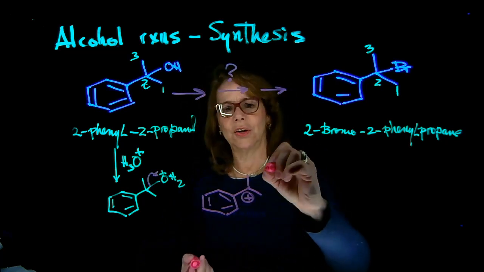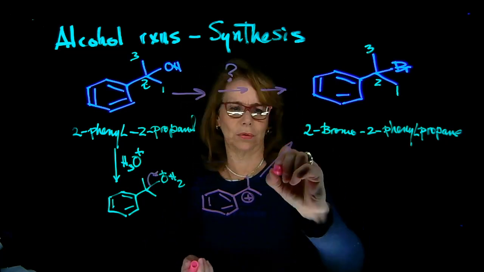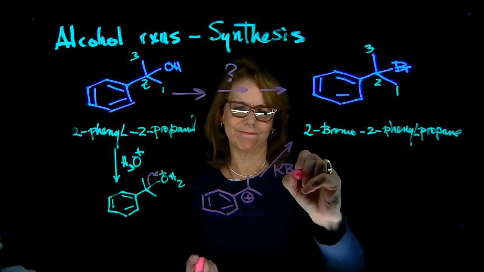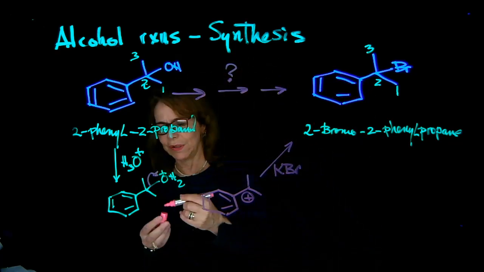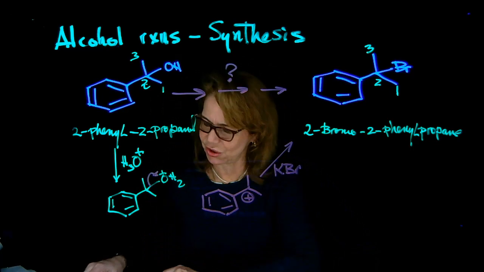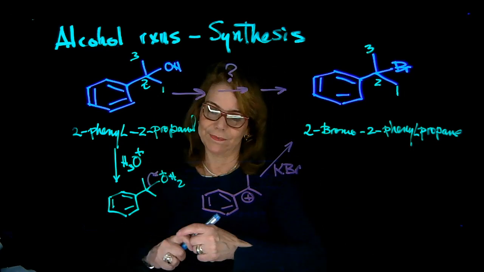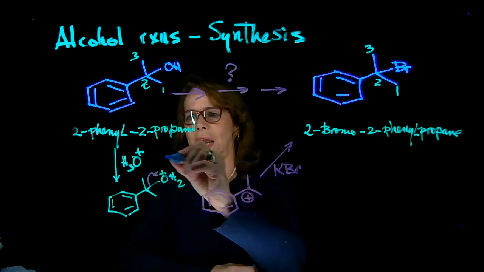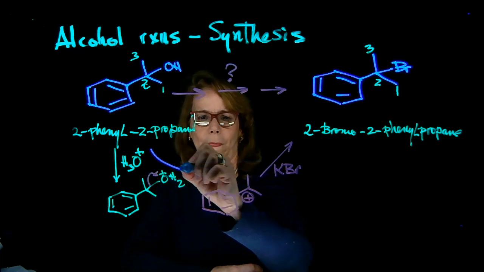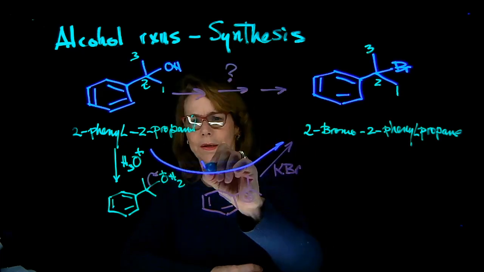After that, you can add, for example, KBr in water, and that will give you that. Another way of doing things in this direction is, instead of using acid, you could use, say, HBr.